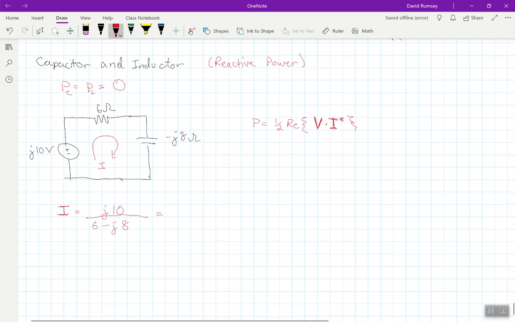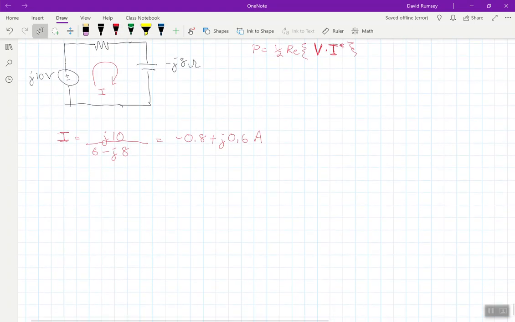We get negative 0.8 plus j0.6 amps. Now, I'm going to first calculate the voltage across the resistor. That's just simply current times resistance.